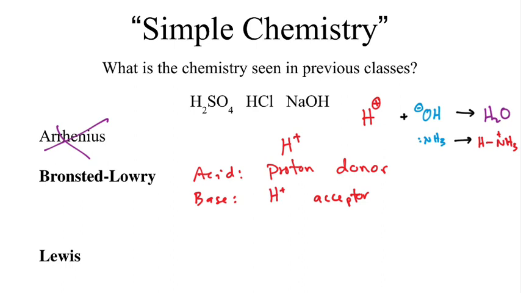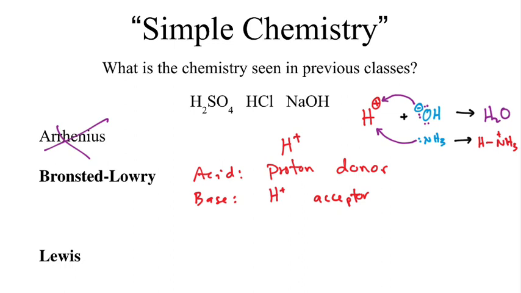If we're going to talk about the how, what is the base doing? We're taking an arrow starting at our hydroxide and aiming it at the H+. That arrow is showing how that lone pair of electrons on the oxygen is being shared with the hydrogen. What could the NH3 do? Share a pair of electrons.